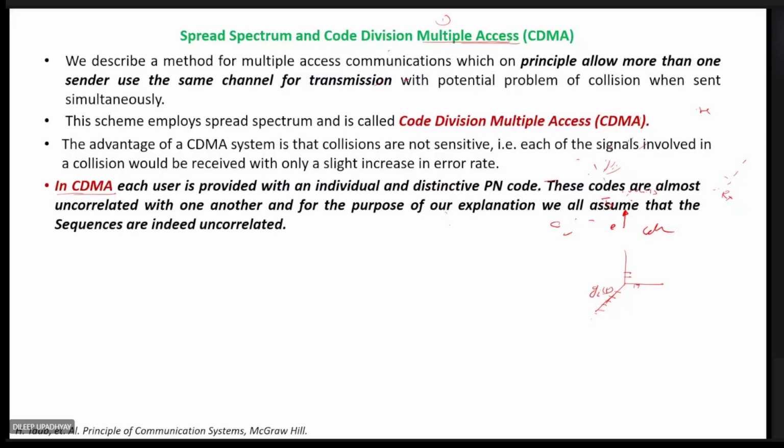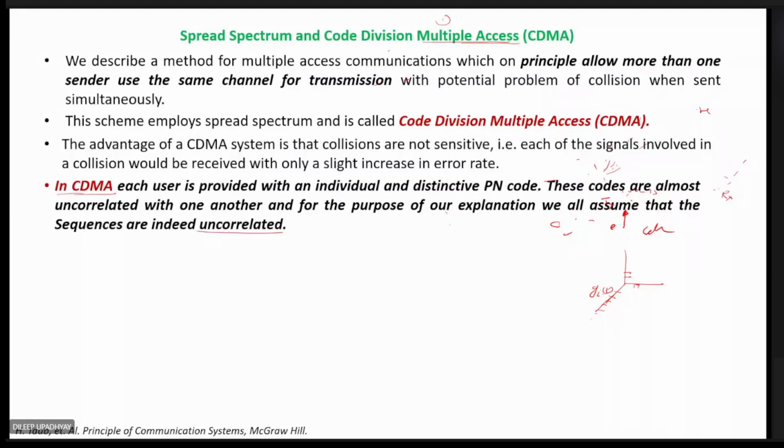These codes are almost uncorrelated. They must be uncorrelated, because otherwise the receiver will not be able to identify which transmitter has transmitted the signal. So this code must be different for each user. These codes are almost uncorrelated with one another, and for the purpose of reference, we assume that the sequences are indeed uncorrelated.